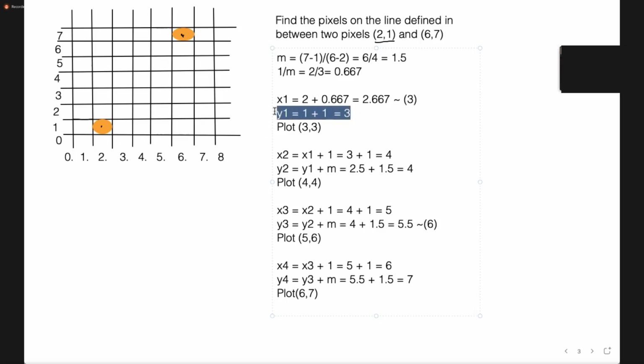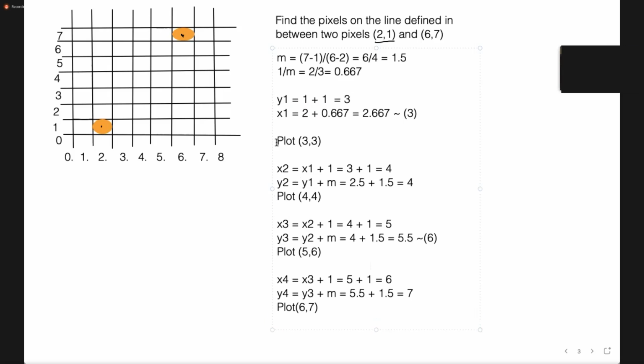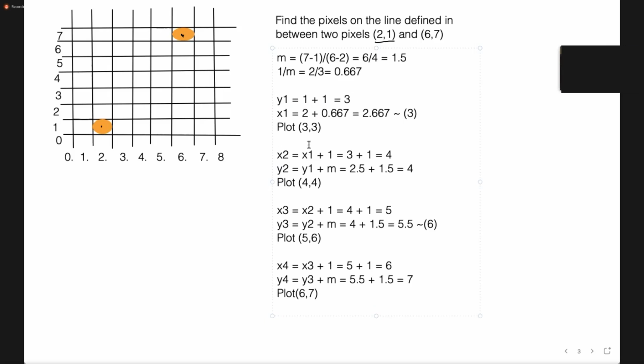So the first thing is this one. First we have to do this one, and next the other one. Then what we have to do is plot 3, 3. Sorry, 2 here, 2.